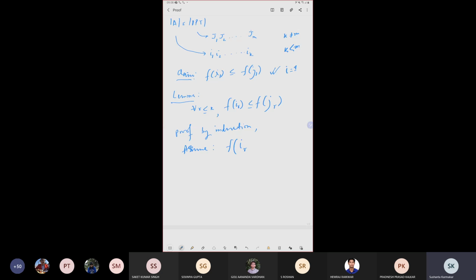This is the inductive hypothesis. I assume that this is the case. And what I intend to prove with this assumption is that f of Ir is less or equal to f of Jr. If we can somehow show that, then probably we are done, right?